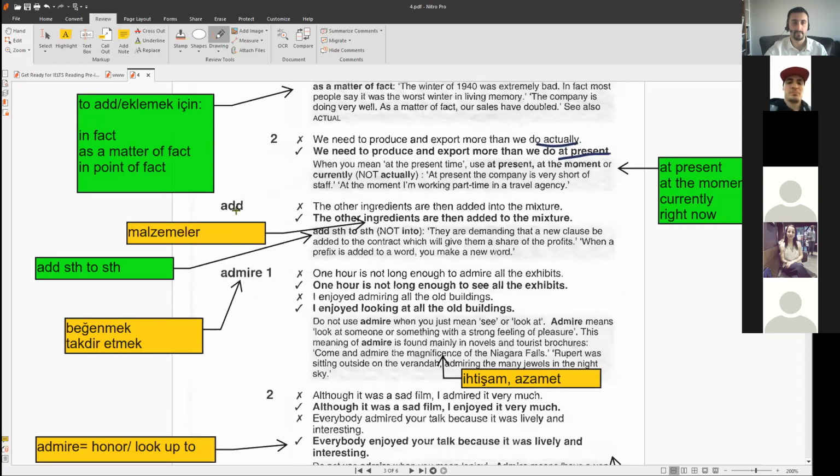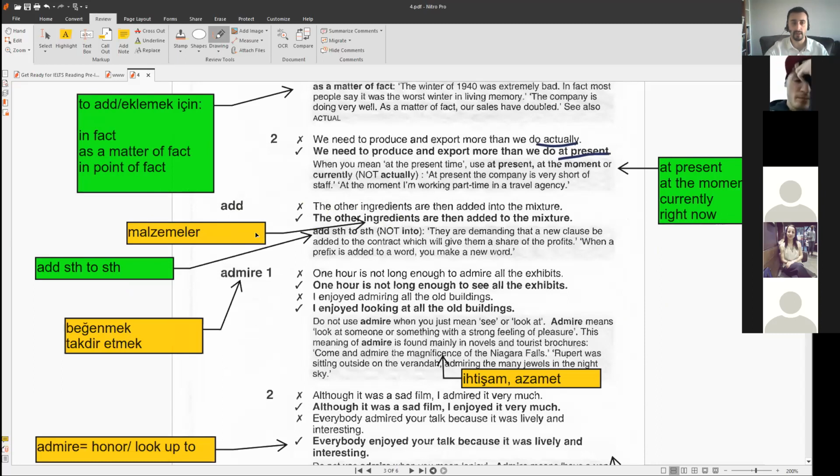Add. Verb add. How can we use the verb add in our sentences, and what are the misunderstandings about add? Who is ready for this? I can read it. Is that Yağmur? Yes, please. The other ingredients are then added into the mixture. The other ingredients are then added to the mixture. Thank you.